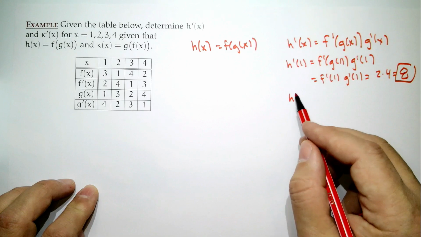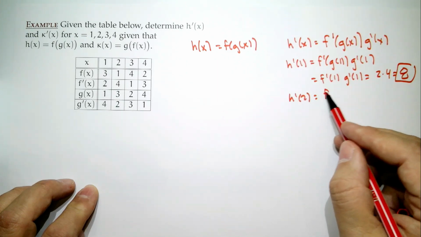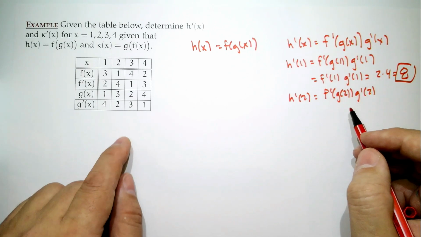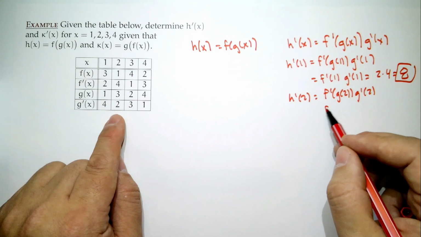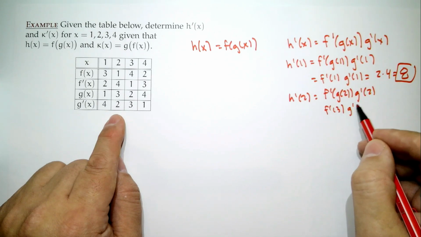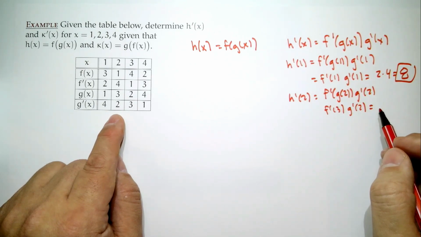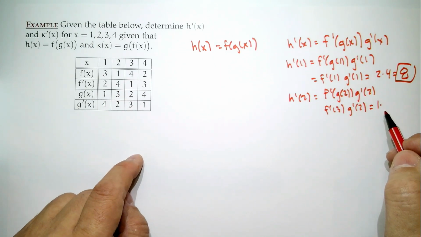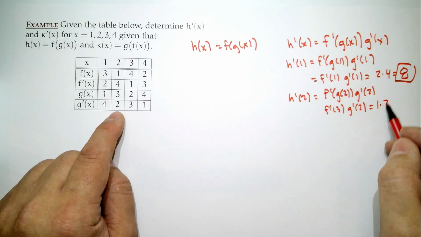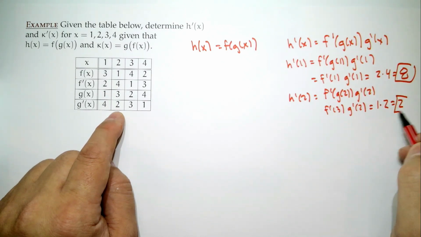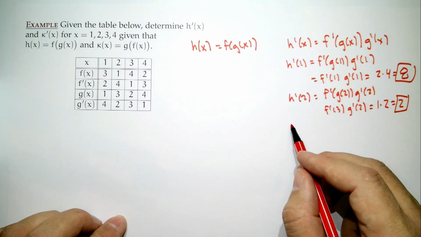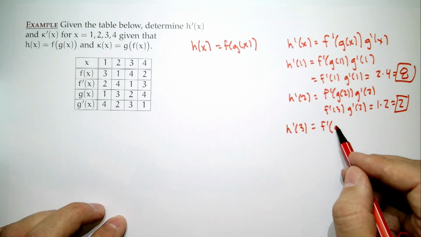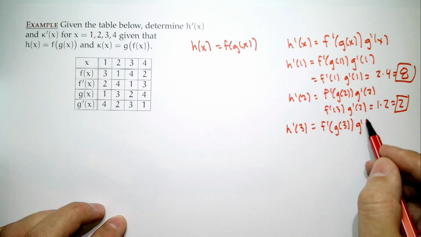All right. h prime of 2, that's f prime of g of 2 times g prime of 2. g of 2 is 3. So this is f prime of 3 times g prime of 2. f prime of 3 is 1. Over there, g prime of 2 is 2. 1 times 2 is 2. h prime of 3, well, that would be f prime of g of 3 times g prime of 3.